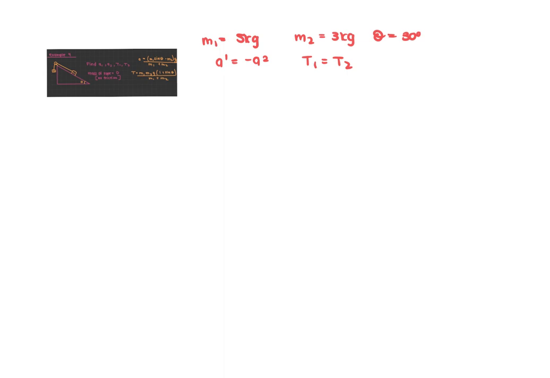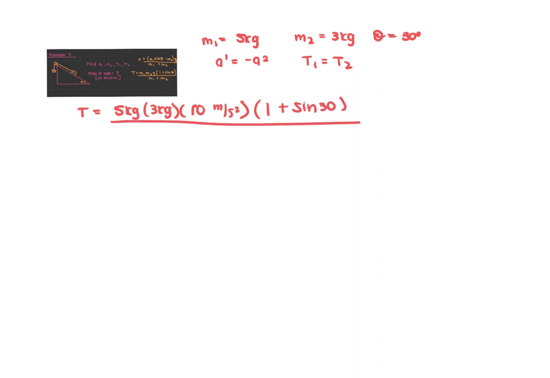So moving forward with this problem, we can start to plug in the numbers for T. T is M1, 5 kilograms, times M2, 3 kilograms, times 10 meters per second squared, times 1 plus sine of 30, over 5 kilograms plus 3 kilograms.